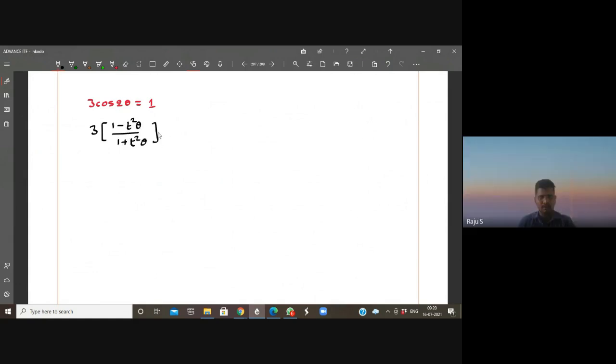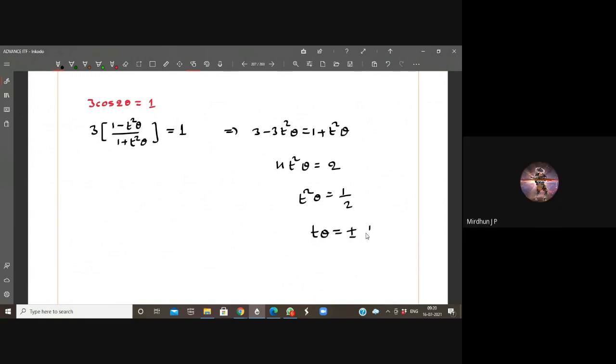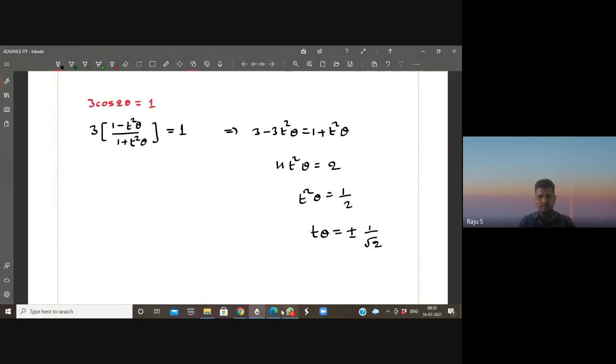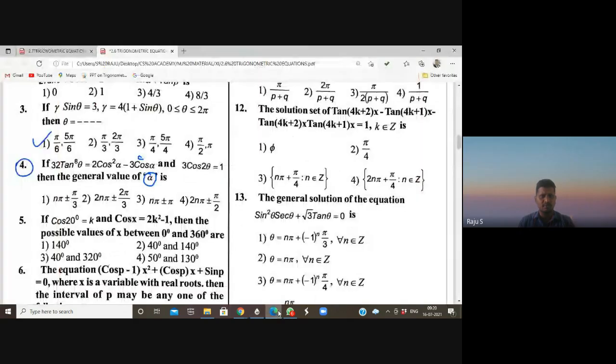Right. Now it is equal to 1. Now simplify this. 3 minus 3 tan square theta is equal to, cross multiply, 1 plus tan square theta. Now 4 tan square theta is equal to 2. Tan square theta is equal to 1 by 2. So tan theta is equal to plus or minus 1 by root 2.